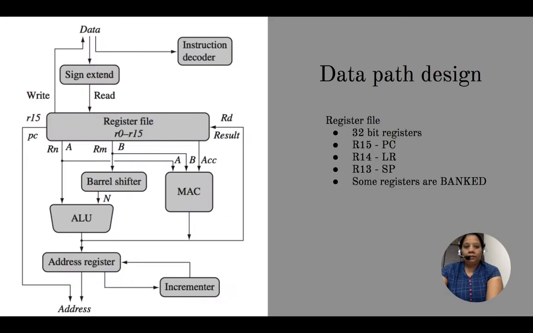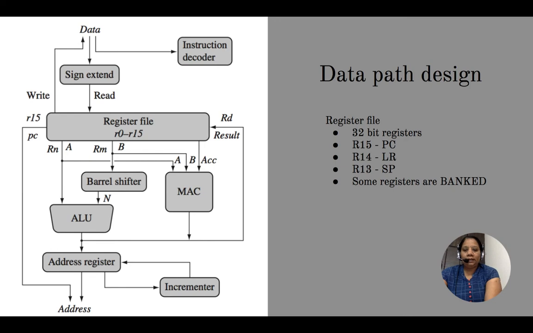Now coming to the register files, as you can see in the picture, this is a major portion of the ARM7 architecture. ARM7 architecture has 16 registers, that is R0 to R15. All these registers are 32-bit registers, and some of them are used for special purposes.